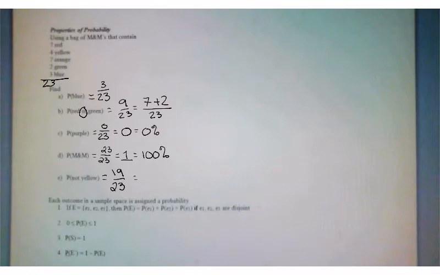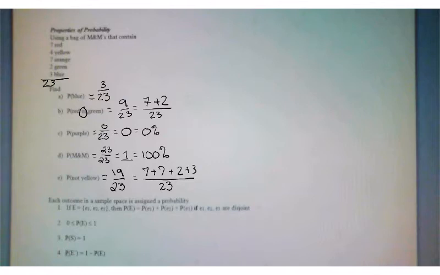On one hand, we could have just gone to the list and selected everything that was not yellow: 7 red, 7 orange, 2 green, 3 blue, which gives us, if we add that up, a total of 19 successes out of 23 M&Ms, and that's where we get our 19 over 23.